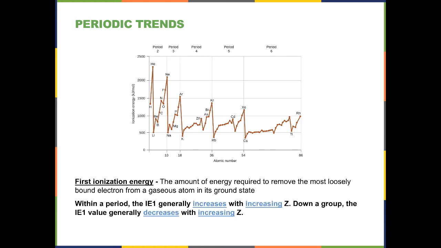So within a period, the first ionization energy increases with increasing atomic number. That's what we just said. Down a group, the first ionization energy decreases with increasing atomic number.